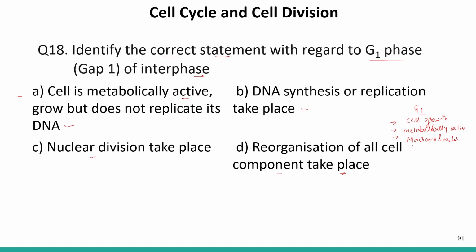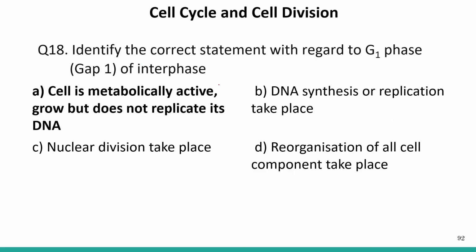A lot of proteins are synthesized, lipids, RNA is synthesized. So what should be the answer? Cell is metabolically active but does not replicate its DNA. DNA replication takes place during the S phase. During G1 there is no nuclear division. DNA synthesis again takes place in the S phase. There is no reorganization of all the cell components. So option A is the answer.